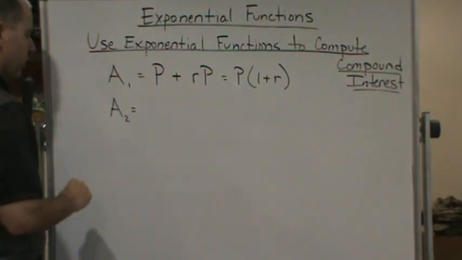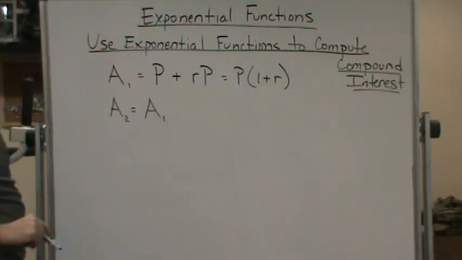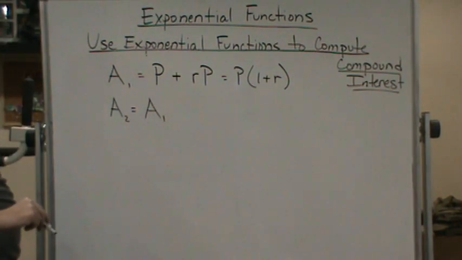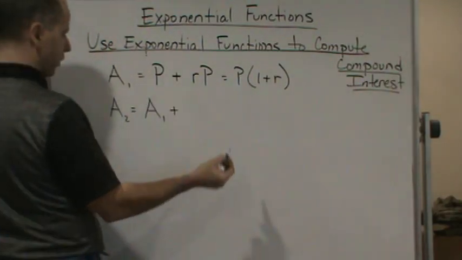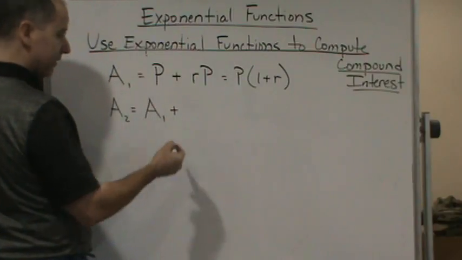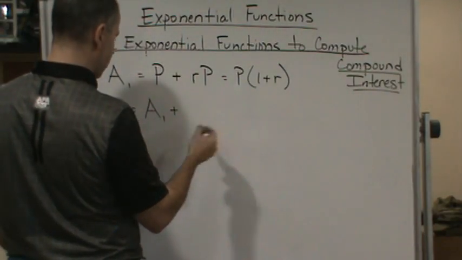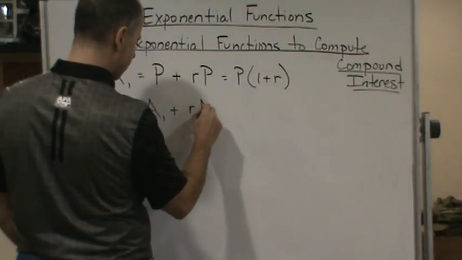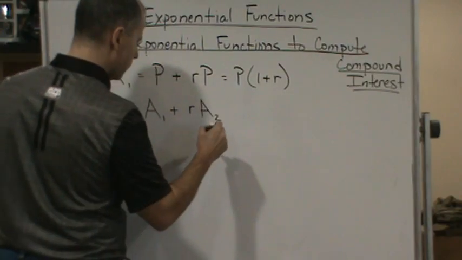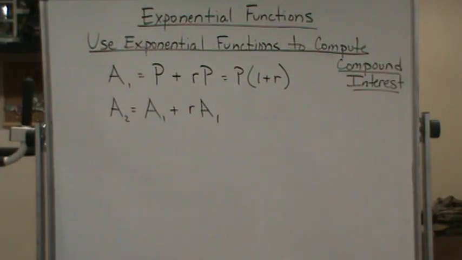Well, at the end of year two, you're going to get the amount that you had at the end of year one plus the interest that you earned on the amount of money in your investment during year two, which would be the rate times the amount you had at the end of year one.